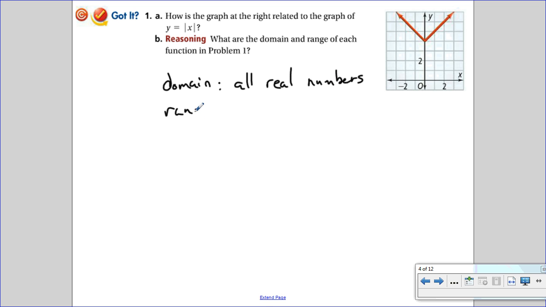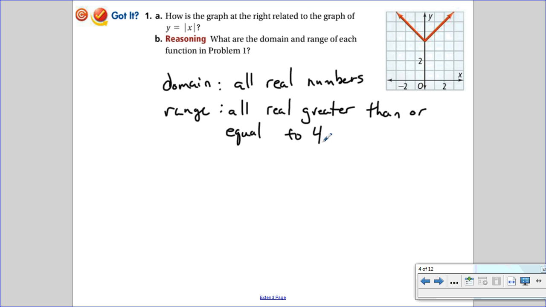And your range is all real numbers greater than 3, because it's only, 4, I miscounted. Your y can only be things that are greater than or equal to 4.